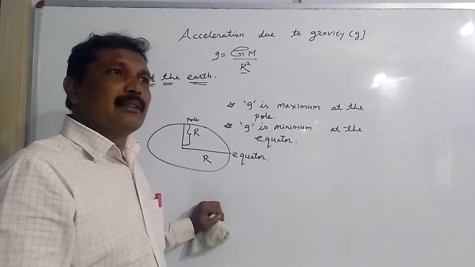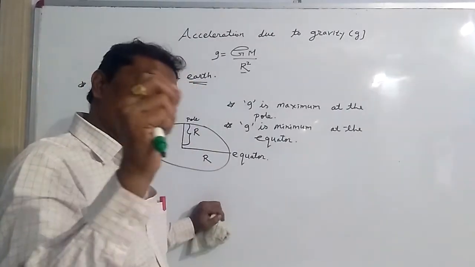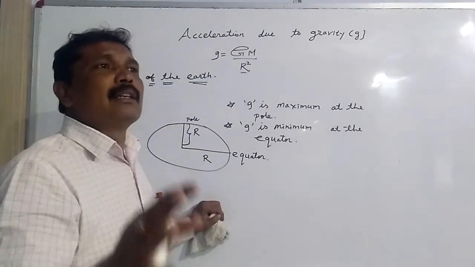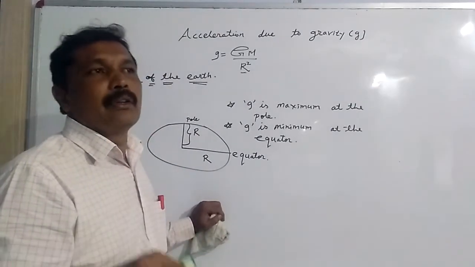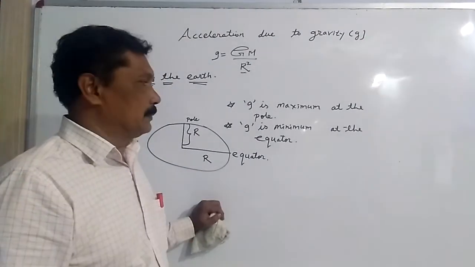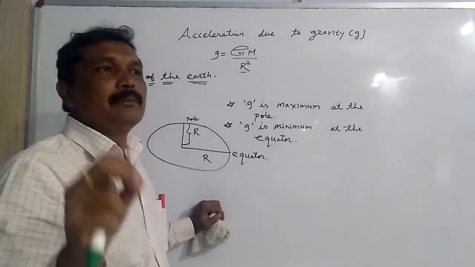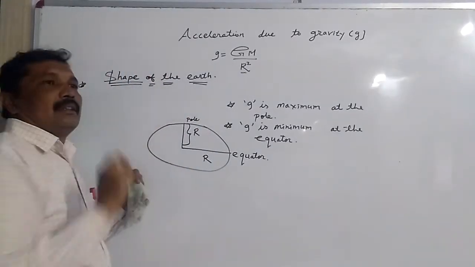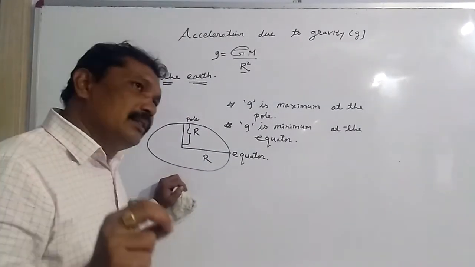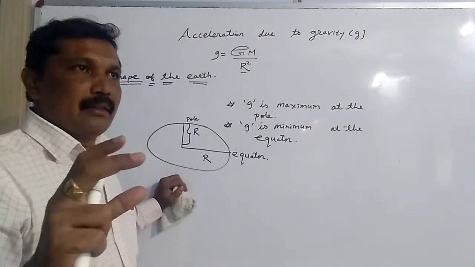Due to this, as there is decrease in the value of mass of the earth and radius of the earth, instead of increasing, again acceleration due to gravity goes on decreasing. At the center of the earth, the acceleration due to gravity becomes 0. And in the last example, acceleration due to gravity depends upon the shape of the earth.